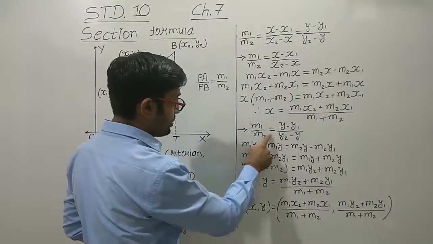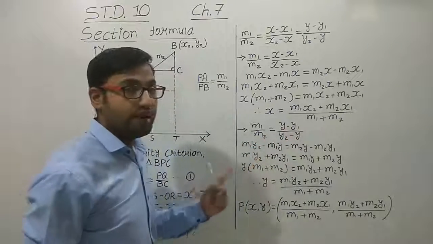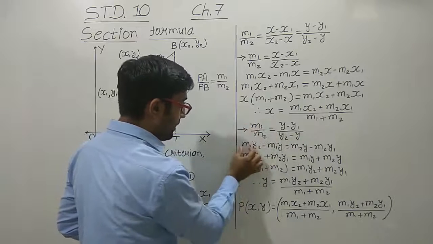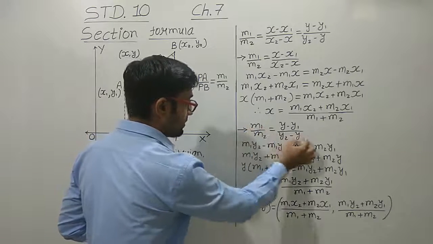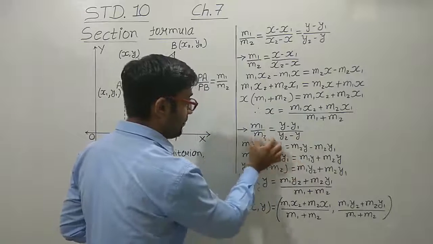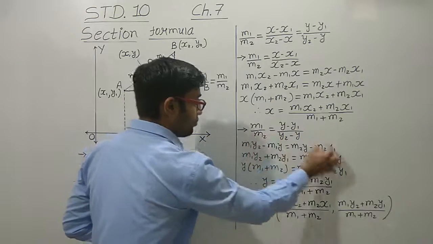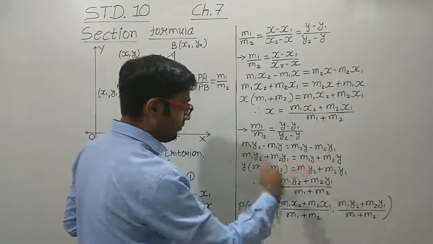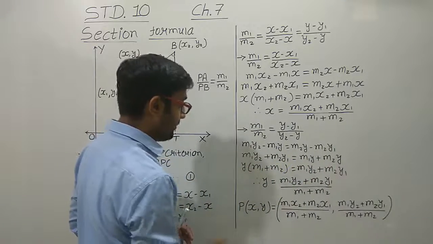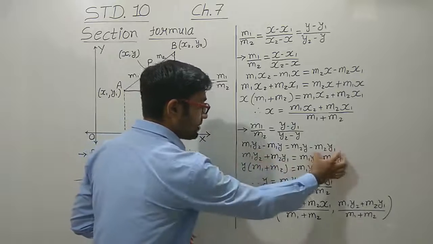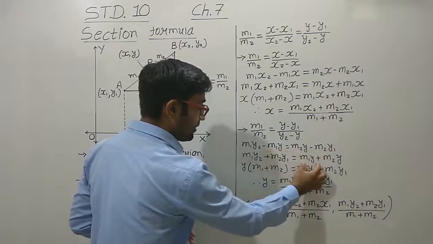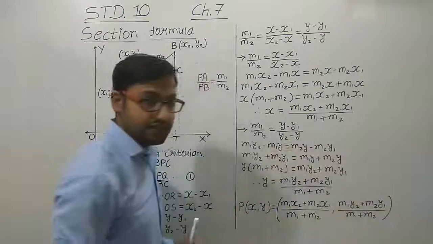So M1 upon M2 equals Y minus Y1 upon Y2 minus Y. When we multiply this with M1, we get M1 Y2 minus M1 Y equals M2 Y minus M2 Y1. Again in the same way, take all the terms with Y to the right hand side and the others to the left hand side. So M1 Y2 plus M2 Y1, this minus has now become plus, and M2 Y as it is.